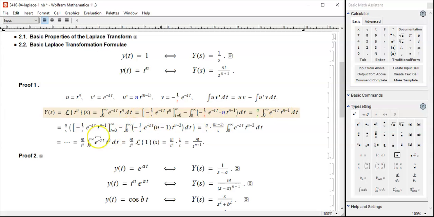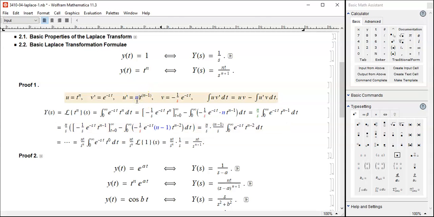Let's do it again. Integration by parts, uv, and by the same reason, this will go down to 0. And then by the same reason, we have minus minus plus. And by the same reason, I got this 1 over s coming from this antidifferentiation. And then we got n minus 1, which comes from the differentiation.